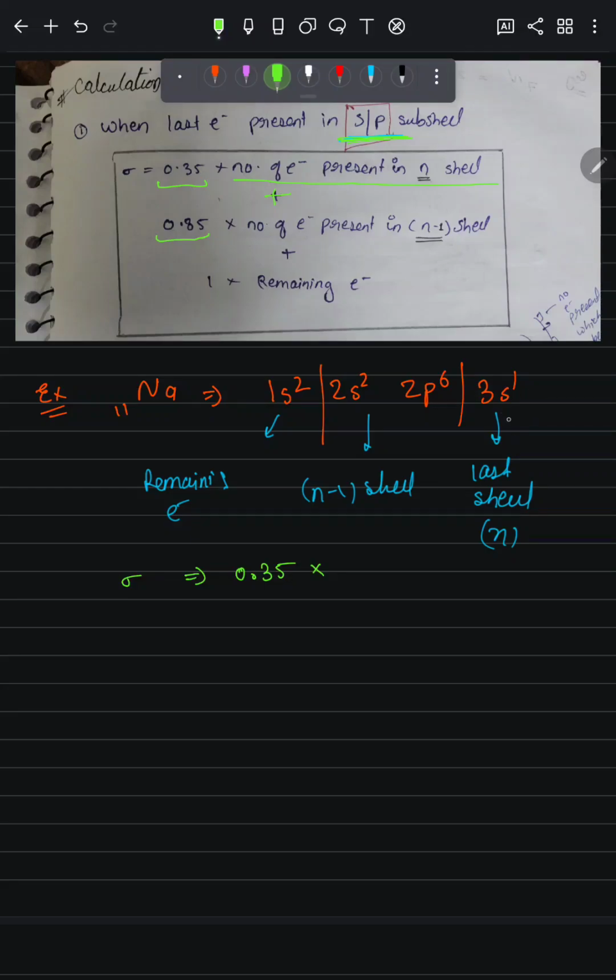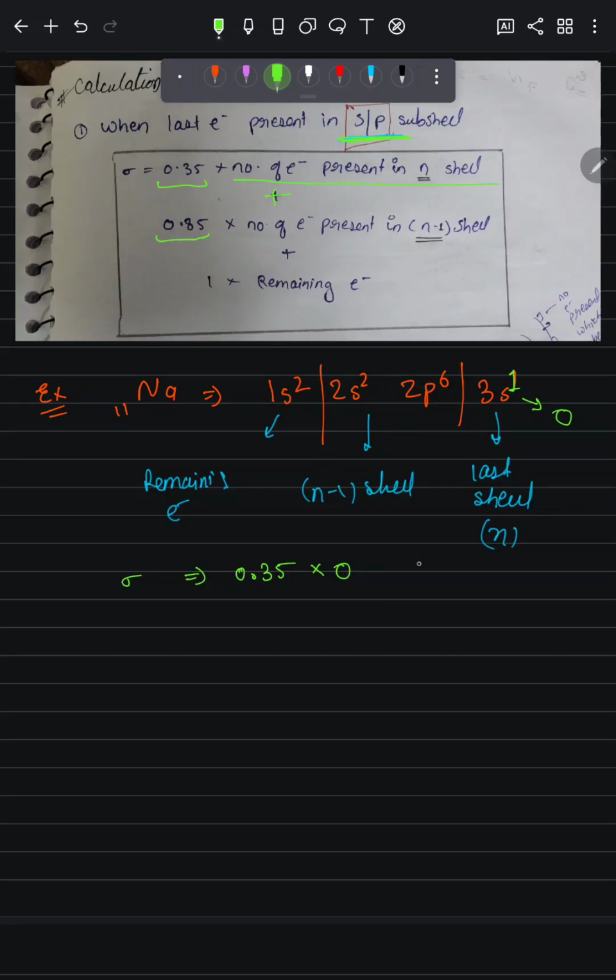So we are calculating the 1s orbital. So here 1s is present, so we cannot put the value 1 here. We put the value 0, because this is the orbital in which we are going.